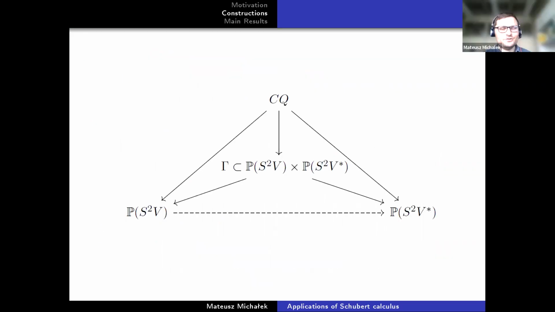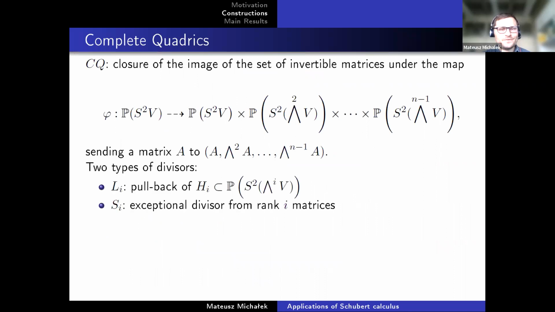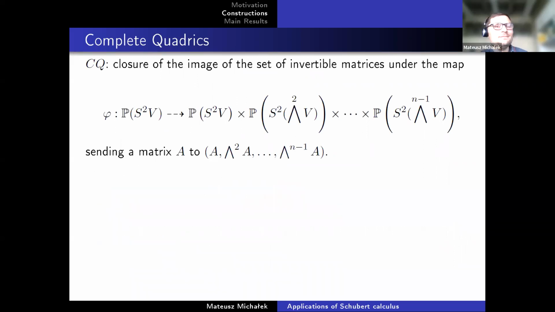Yes, that's a very good question. This map is not defined if you take a low rank matrix, because if you take a matrix of rank i and start looking at (i+3) minors, you will get 0, 0, 0, and it's not an element of the projective space. So you have to somehow close the image.